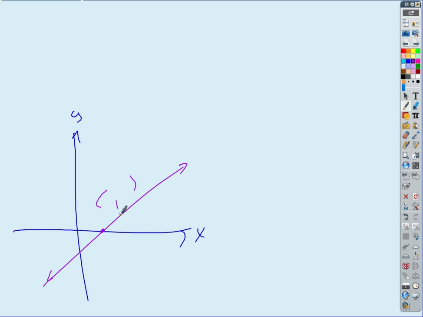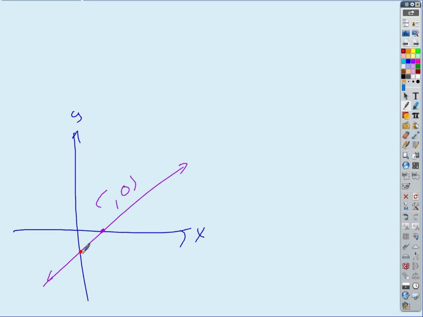The y-coordinate's 0, right? Because the x-intercept is where the line crosses the x-axis. And every point on the x-axis must have a y-coordinate of 0, right? Because it's not up or down from the starting point at the origin at all. So we automatically know that's going to be 0. Okay, what about the y-intercept then?